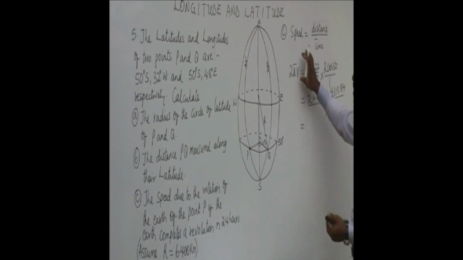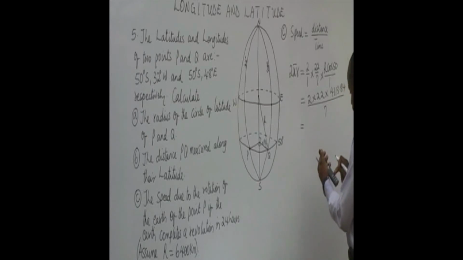Remember what we are finding here is the distance, so let's multiply out. 2 times 22 is already 44, then times 4113.84 is giving me this value divided by 7.